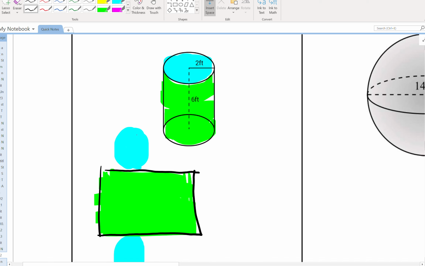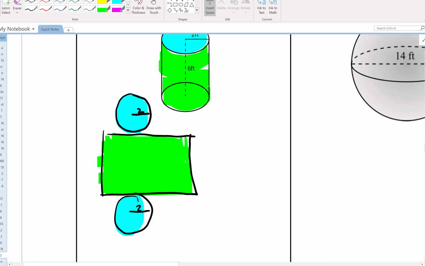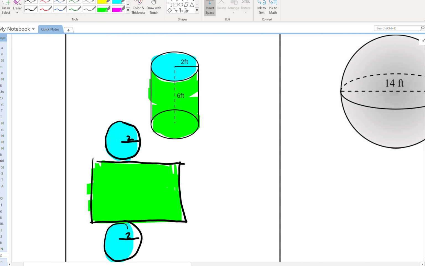The circle, in this case, has a radius of 2 feet, and that's true both up and down. The radius would be the same. The height of this is 6 feet. Because this is a rectangle, we need to know how long it is.